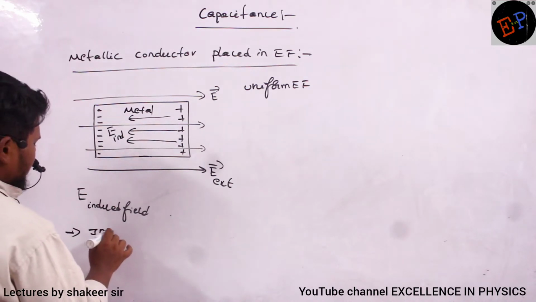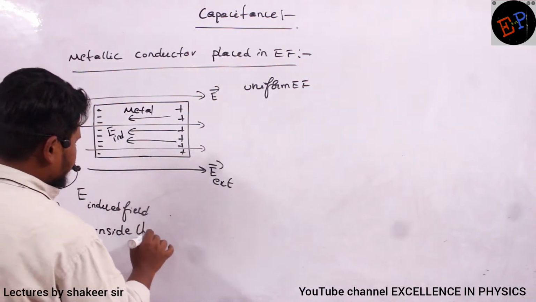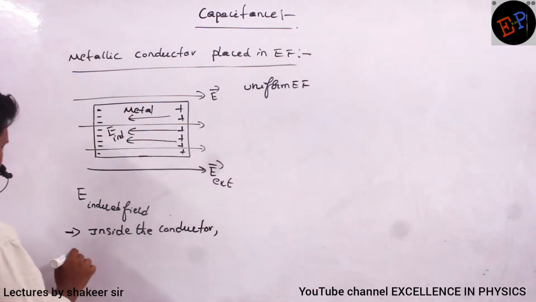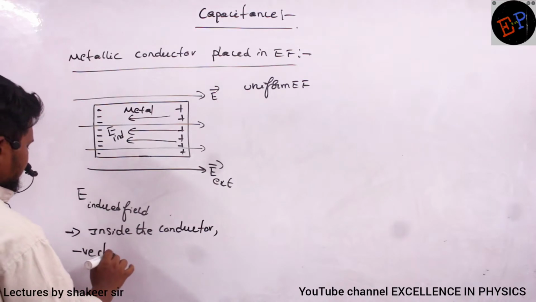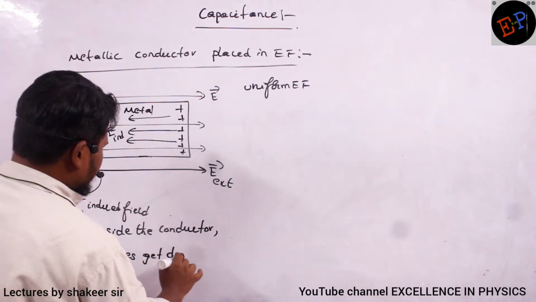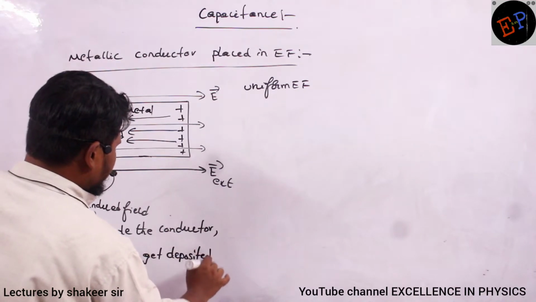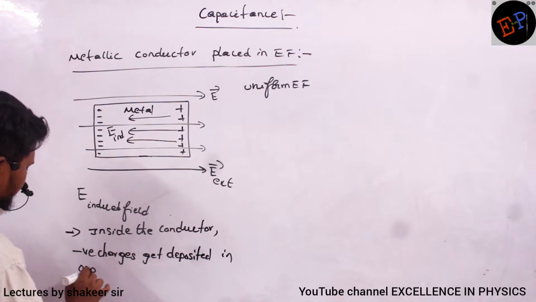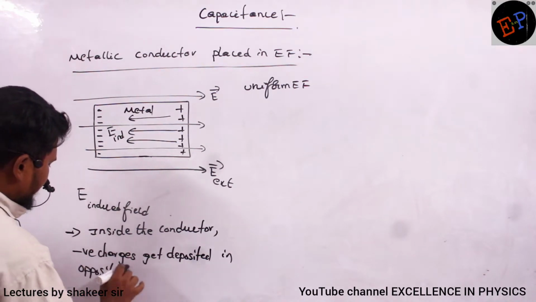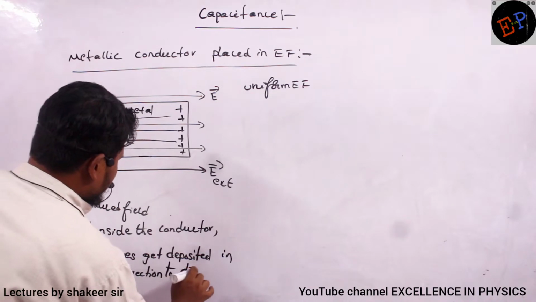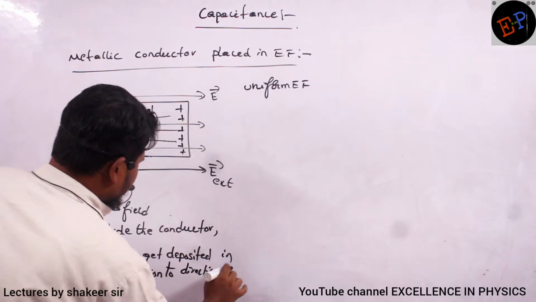So inside the conductor, negative charges get deposited in the opposite direction to the direction of the electric field.